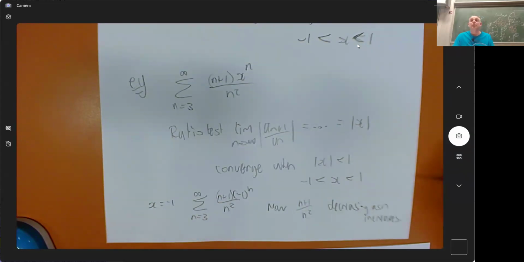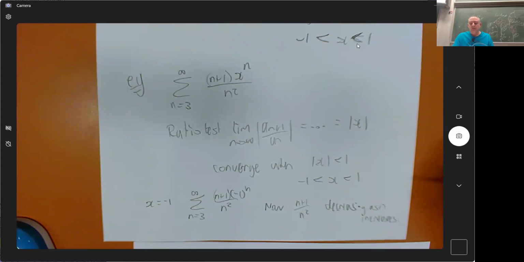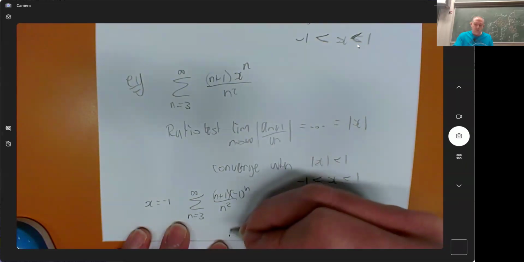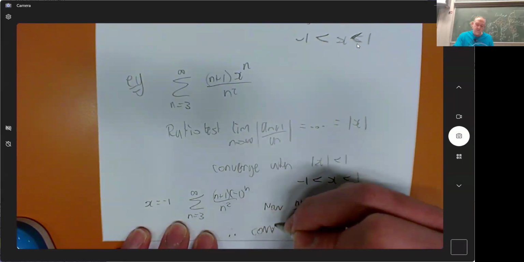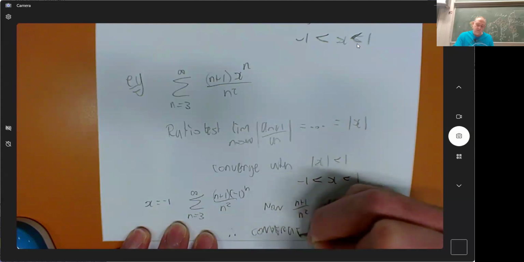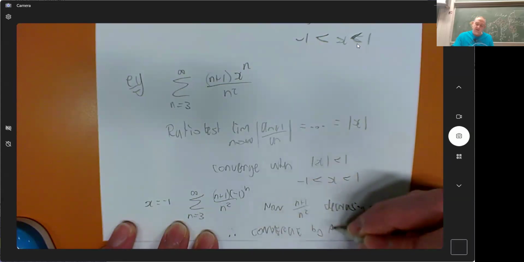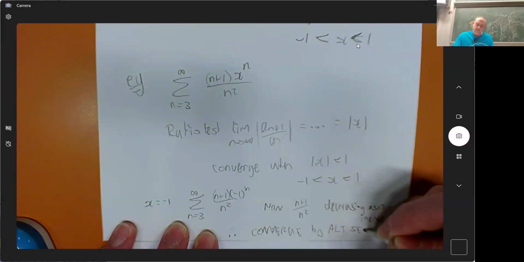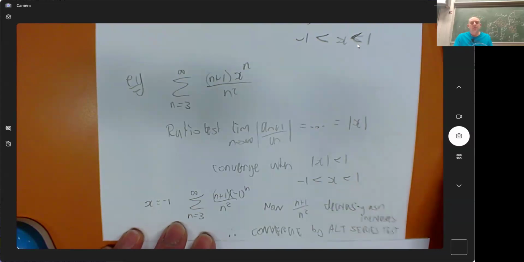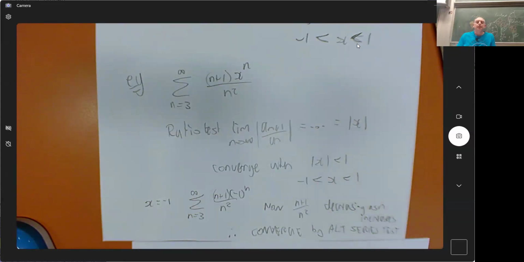Each one is smaller than the one before. And therefore, it converges by the alternating series test. Yep.